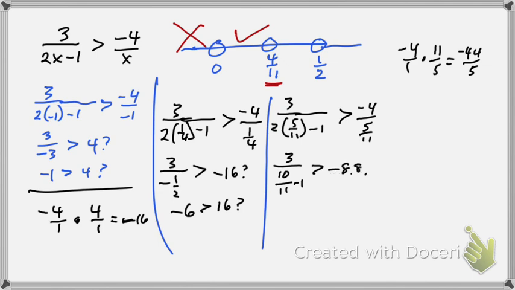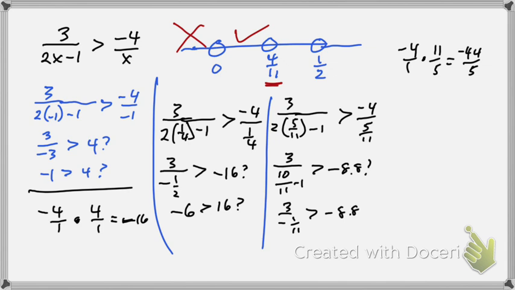On this side, I've got 3. What's 10/11 take away 1? Now 1 is 11/11. -1. Yeah, thank you. Yikes.